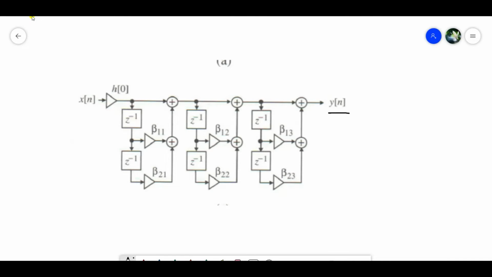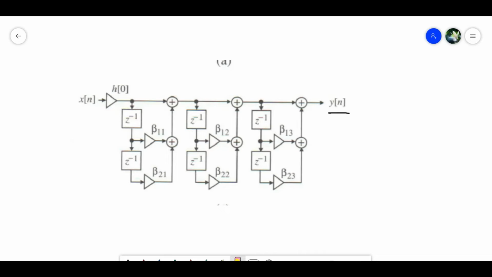So we see that yn consists of two terms. We go back, we see that this is a summing junction, so we don't know what this signal is. We go back, this is also a summing junction, and we know what this signal is. So at this point, this is a signal that is H0 xn.